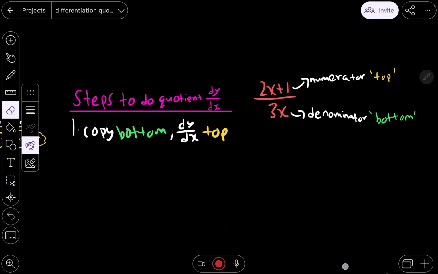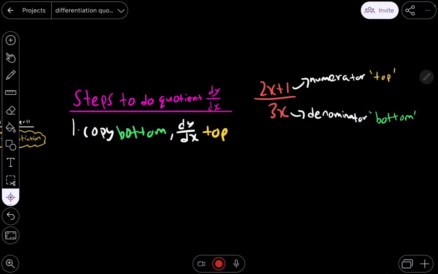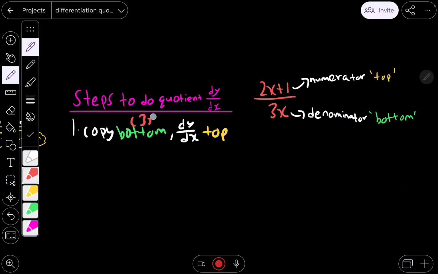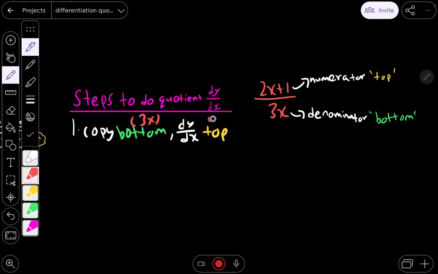Copy bottom meaning, if I ask you to differentiate this expression, I will copy 3x in this example, and then I will differentiate 2x plus 1. So this is just to show you. Okay, now the second one.